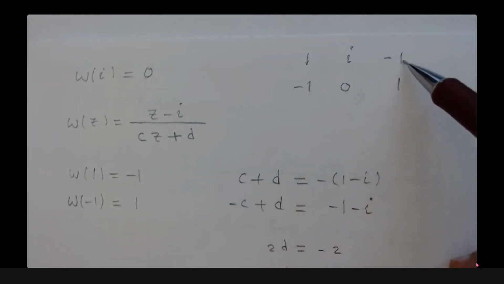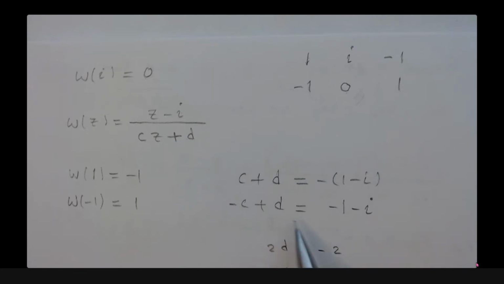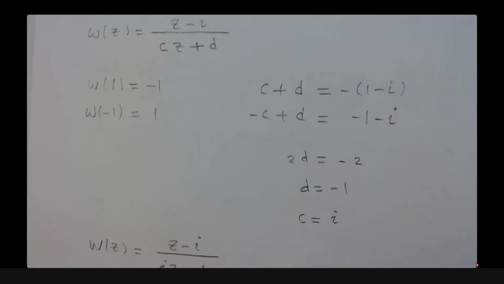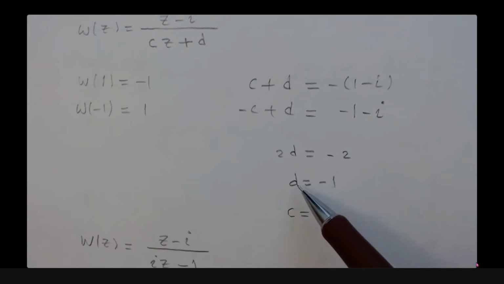And if you use the other one, plug -1, we want to get 1. You get this equation, which is 2 equations with 2 unknowns, all right? So it's not that bad. If you add them, you get 2D, and here -2D is -1. And as soon as you have D equal to -1, you can find C, which is i. All right, we found D and C. Plug it in here. Done.